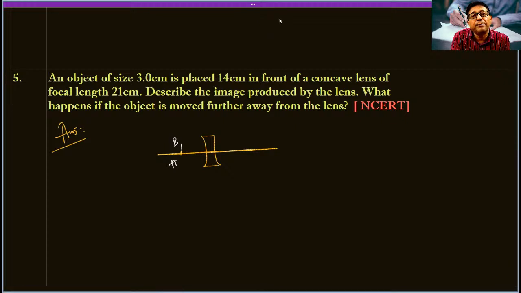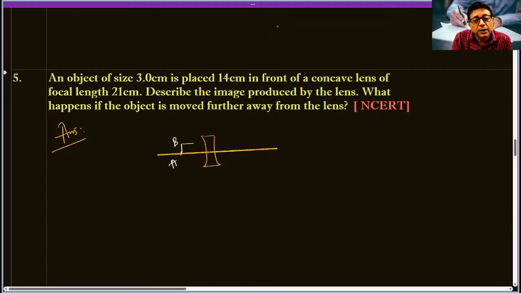Then draw the ray diagram. Light rays get diverged, isn't it? And you send another ray through the principal axis, the optical center. This ray passes undeviated.